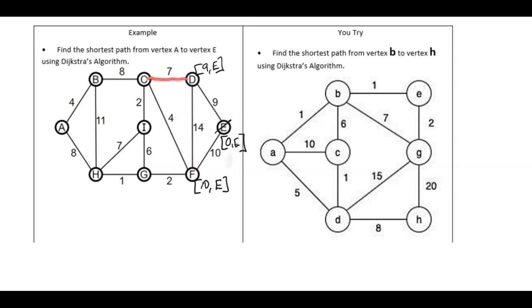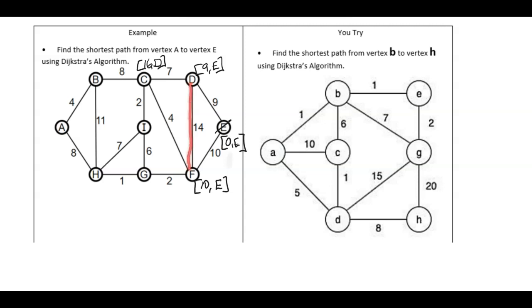So if we go to C, we've already gone 9. We're going 7 more. So to get to C would be a total of 9 plus 7 is 16. So we would mark C with 16, and what did we just pass through to get there? D, the active vertex.